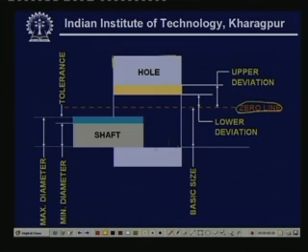Onto the hole, if we take a section like this, then one side of the hole, this line, is in the same line as the bottom side of the shaft, coinciding exactly with the bottom side of the hole while we are viewing in the cross section.